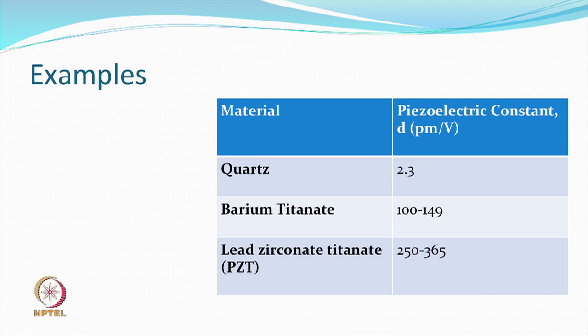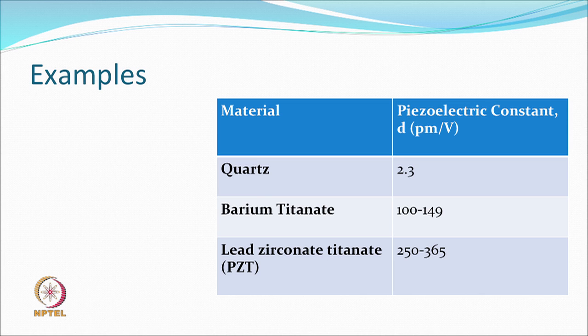You are talking about very small changes, let us say in quartz, picometer, right, which is a very small change. But in PZT the change is more than the quartz. So, different materials therefore would have different, let us say, D or piezoelectric constant, and so you will use them according to what you desire.